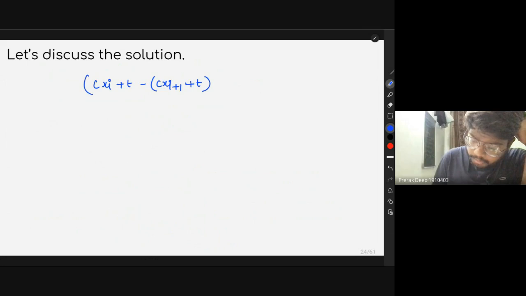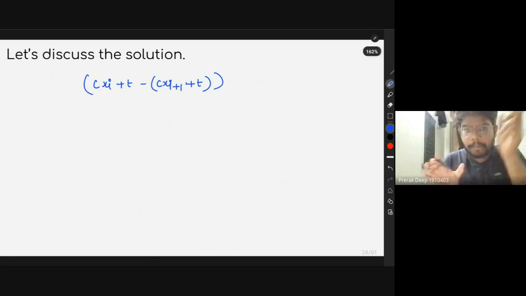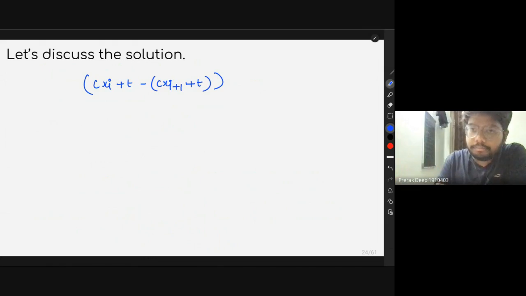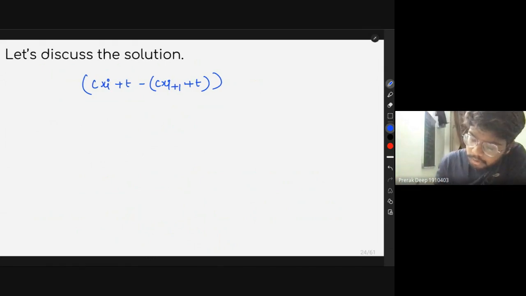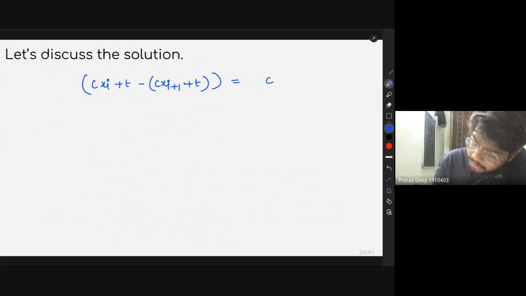This will be the difference of the interval under that map G. So if I look at this difference, it is nothing but c times xi minus xi plus 1.